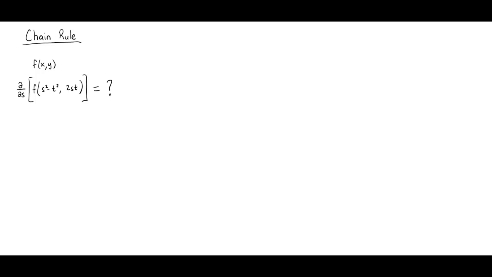So in general, if I have a function f, which I'm thinking of as a function of two variables x and y, but then let's imagine that I replace x and y with some other functions.